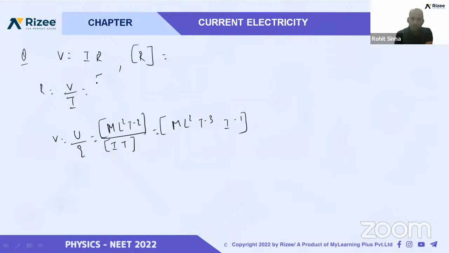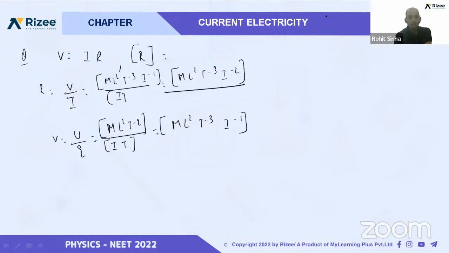Put it here, ML²T⁻³I⁻¹ divided by I, and you will get the answer ML²T⁻³I⁻². This is the dimension of R.